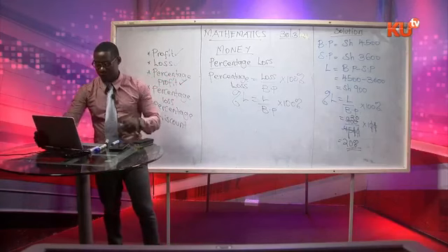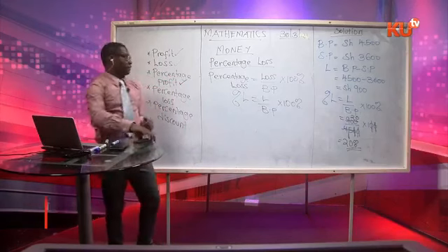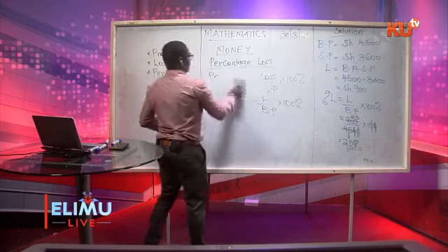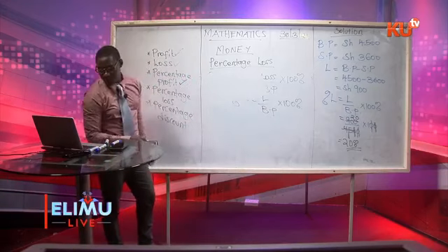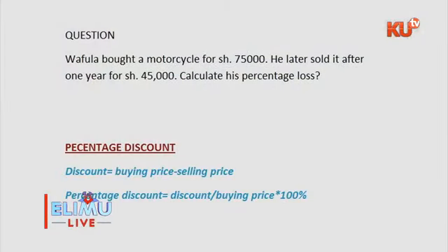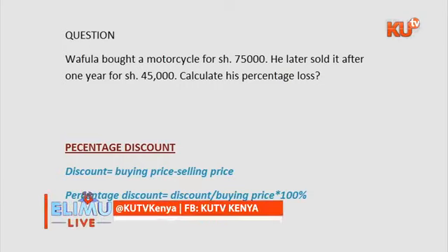So I want to give you a question. Wafula bought a motorcycle for 75,000 shillings. He later sold it after 1 year for 45,000 shillings. Calculate his percentage loss. So you have 1 minute to calculate that question at home or wherever you're watching from.